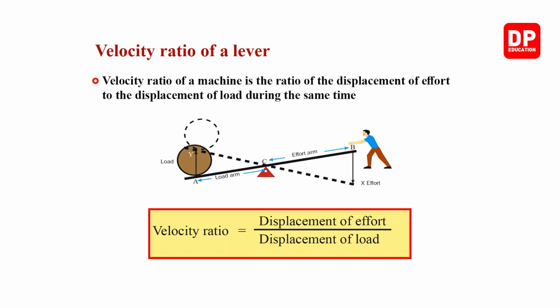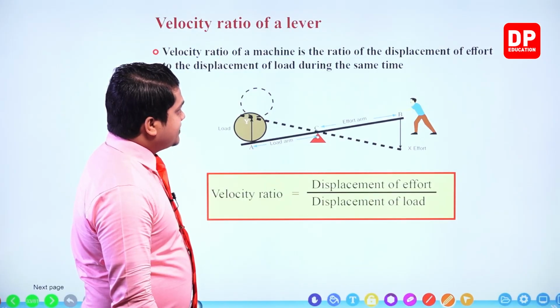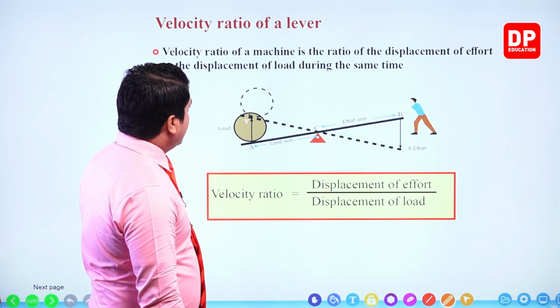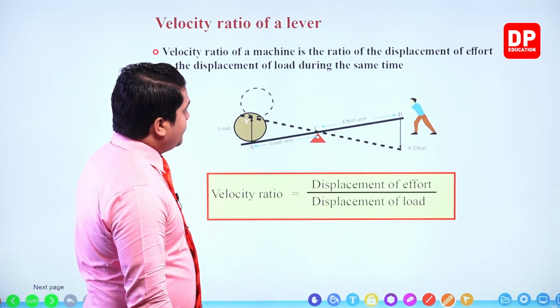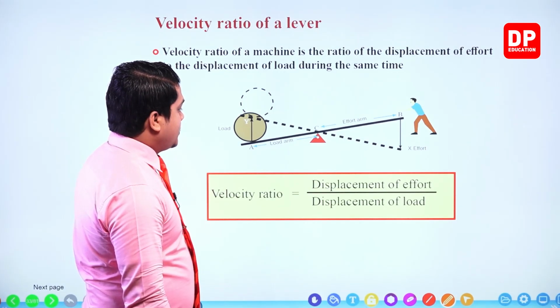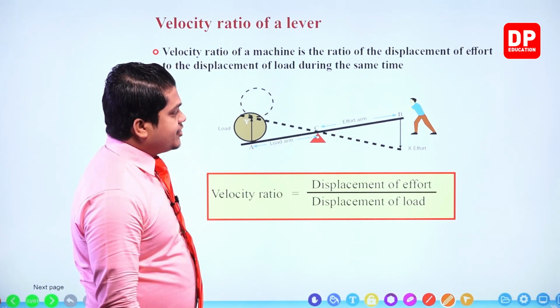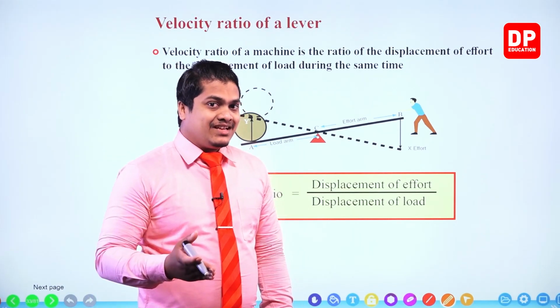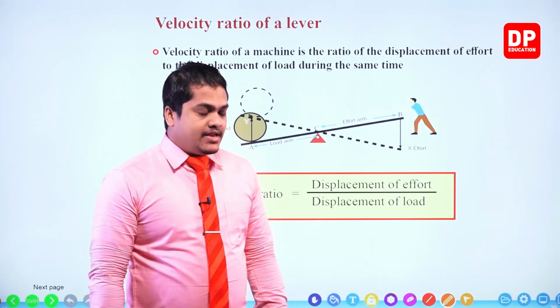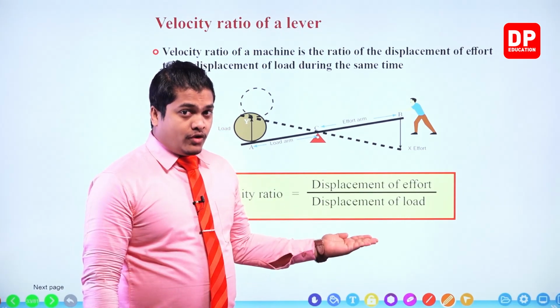Velocity ratio of a machine is the ratio of the displacement of effort to the displacement of load during the same time. So velocity ratio means, my dear children, it is the ratio between displacement of the effort and the displacement of the load.